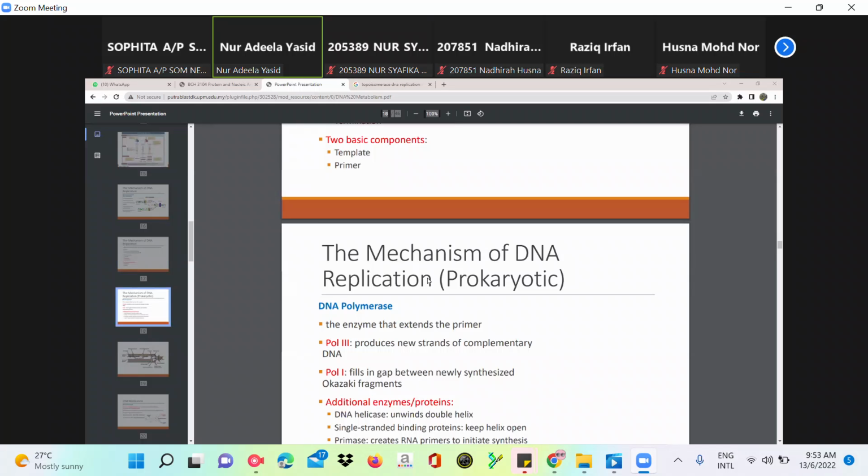We know that in the lagging strand, you cannot synthesize continuously as in the leading strand. It's synthesized as short fragments, which are Okazaki fragments, and there are gaps between every segment. So polymerase 1 helps in filling the gap between the newly synthesized Okazaki fragments.